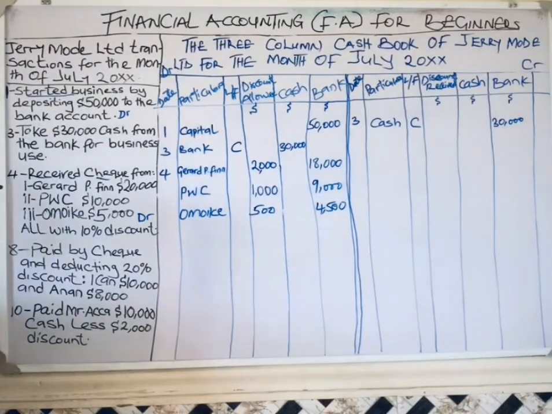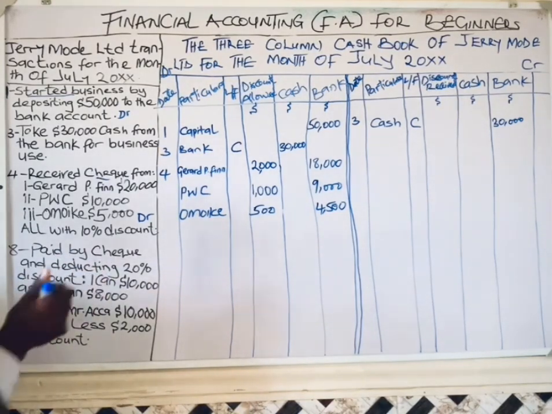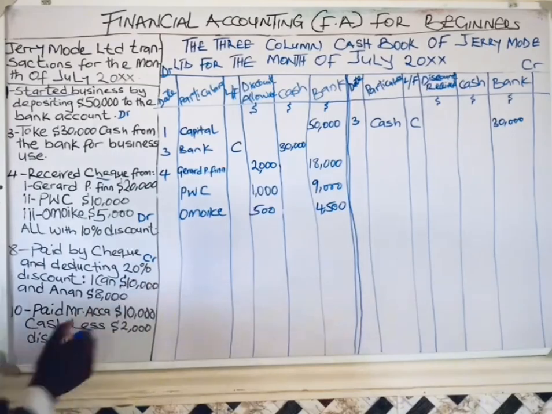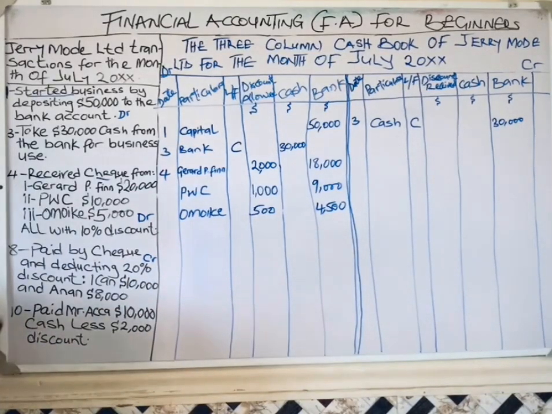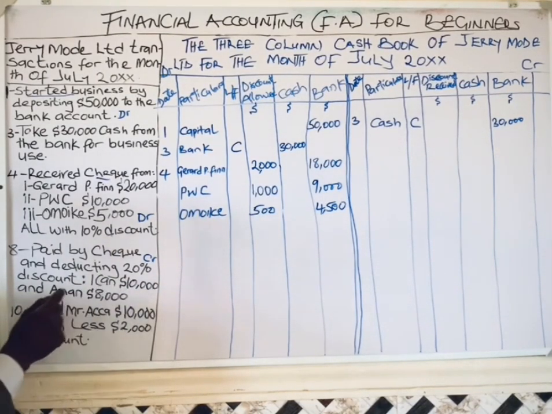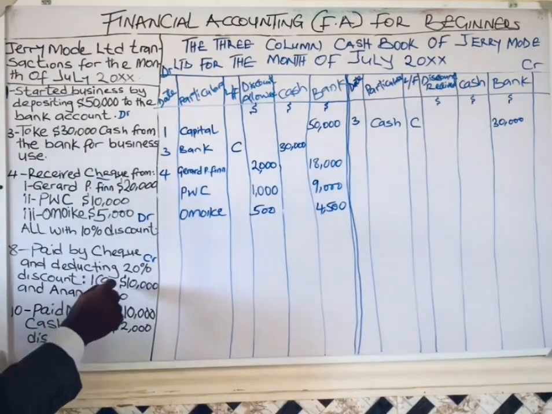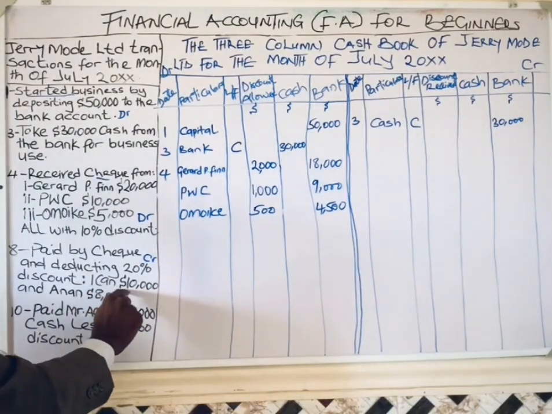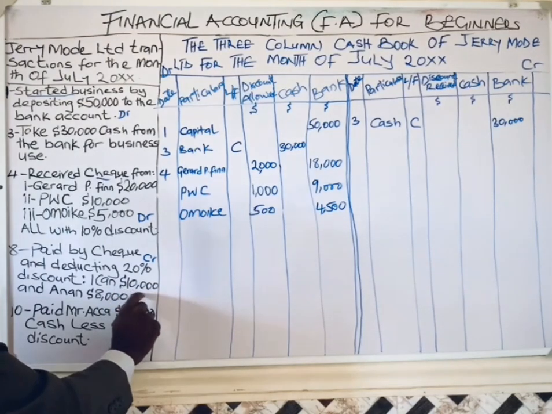Let's see. On the 8th of July, paid by check. Automatically, this is a credit transaction because we paid by check, deducting 20% discount. ICANN $10,000 and ANAN $8,000. So we are not paying ICANN the complete $10,000.